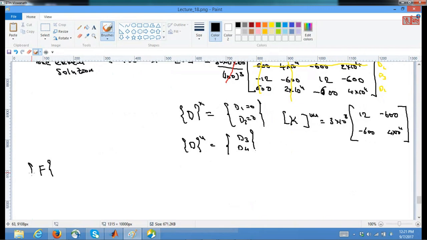So F for the element 1 is nothing but, we have to make use of our consistent loading. So the consistent loading would be minus WL by 2, WL square by 12.